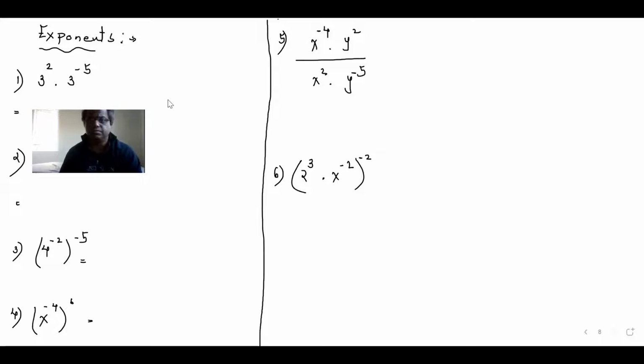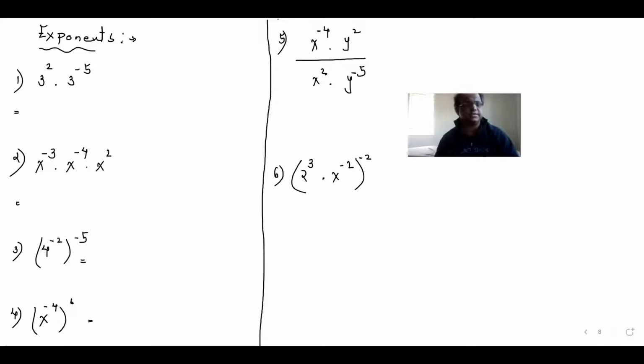Okay, so the next set of examples I'll give afterwards. Let's start. So here is the deal. Here I use the product rule. So here 3 to the power 2 minus 5, which is 3 to the power minus 3.